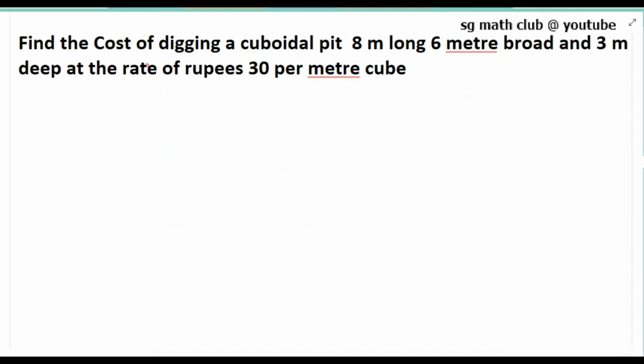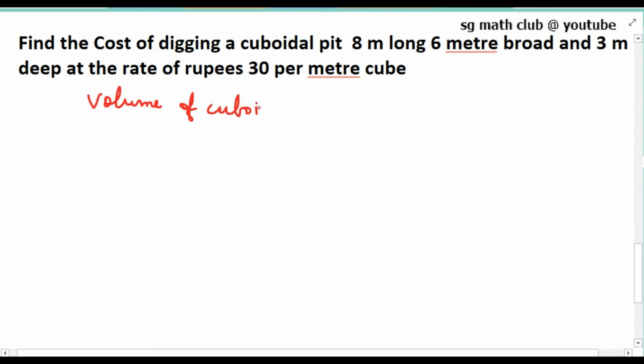Now the third question is, find the cost of digging a cuboidal pit 8 meter long, 6 meter broad and 3 meter deep at the rate of rupees 30 per meter cube. So first we will find out the volume of that pit. The volume of cuboid, they have already given in the question, it is a cuboidal pit. So volume of cuboid is length into breadth into height.